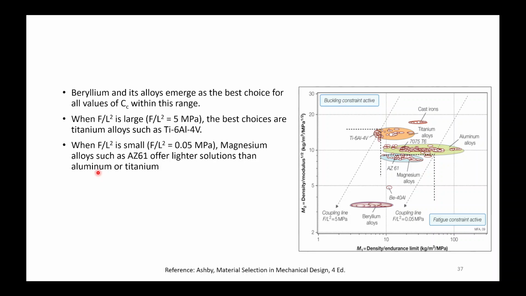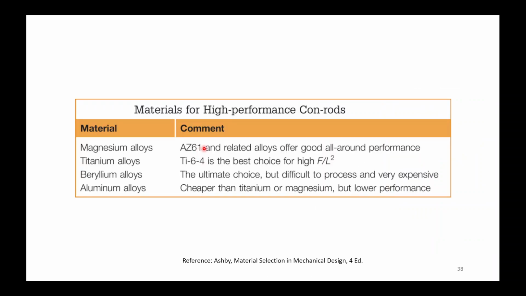Now materials for high performance connecting rods. First is magnesium alloys, AZ61 and related alloys. They offer good all around performance.